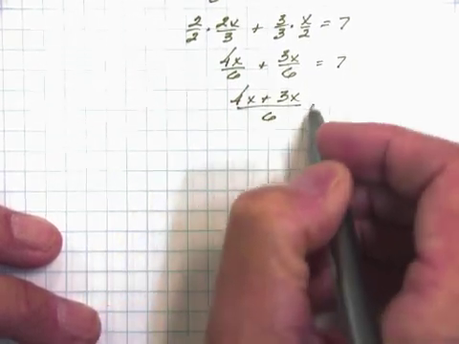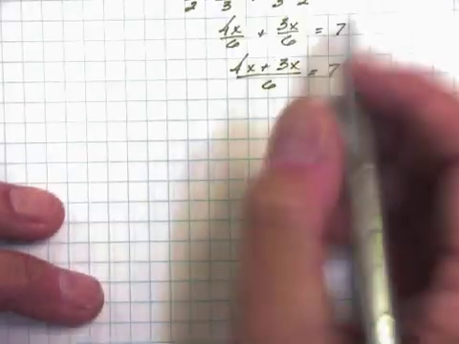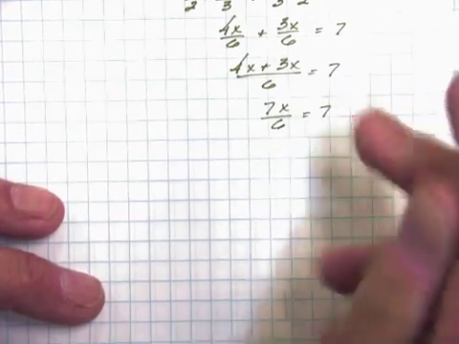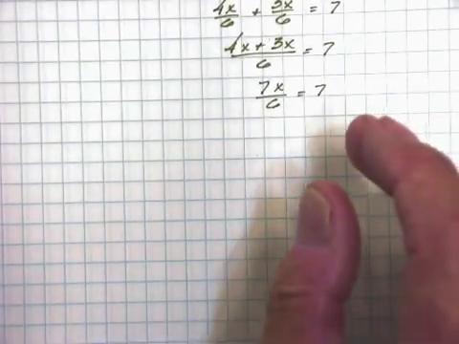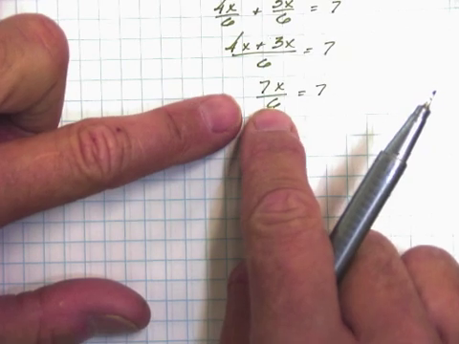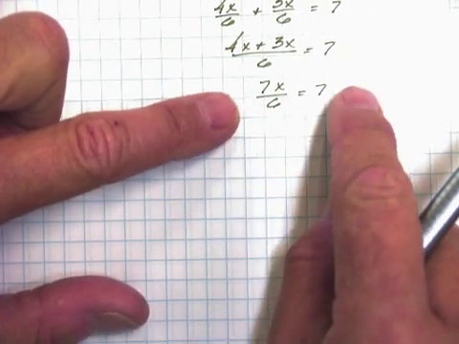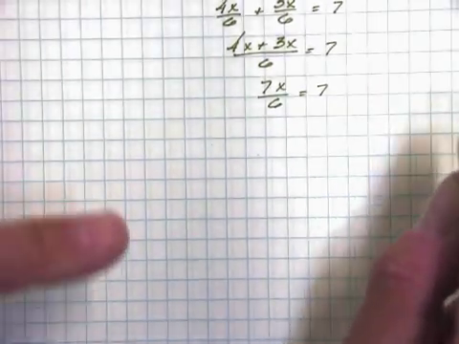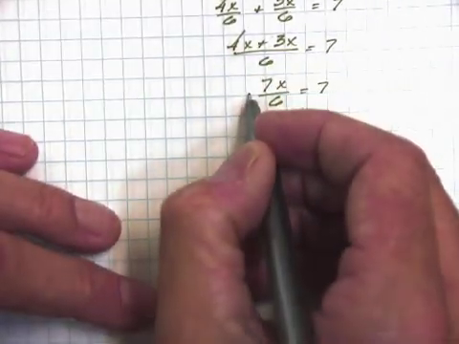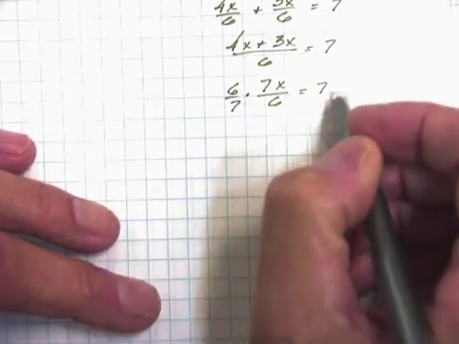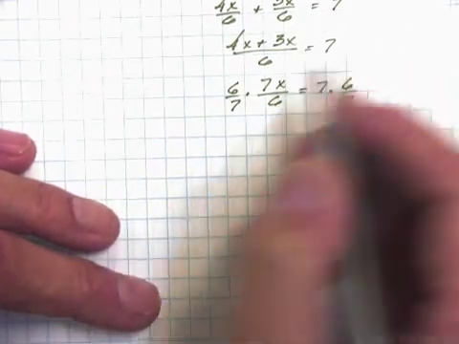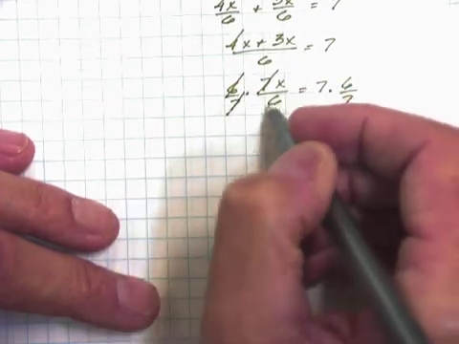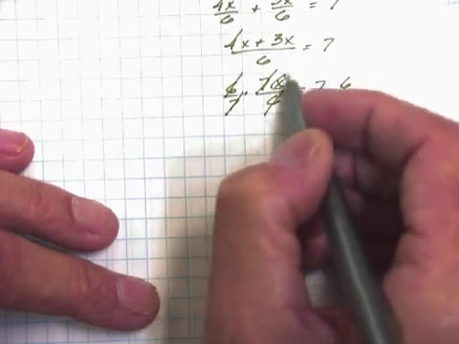Now, I've got two terms with the common denominator, so I can combine those. I've got 4x plus 3x over 6 equals 7, and I can combine those to 7x over 6 equals 7. Now, what we would do is multiply both sides by 6 and then divide both sides by 7, or if you remember back to one of the previous lessons, we can multiply by the reciprocal of that fraction.